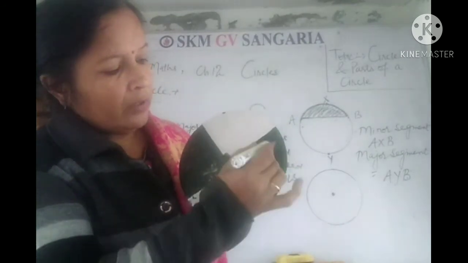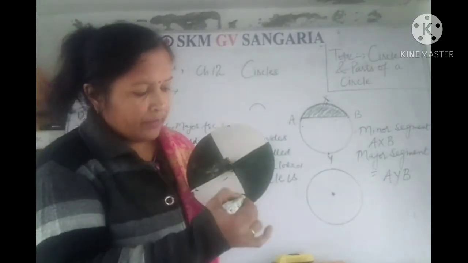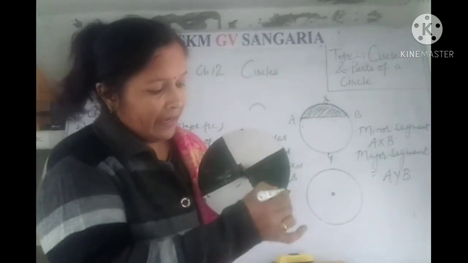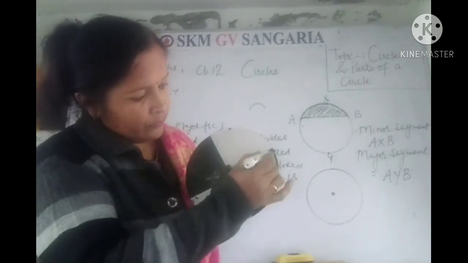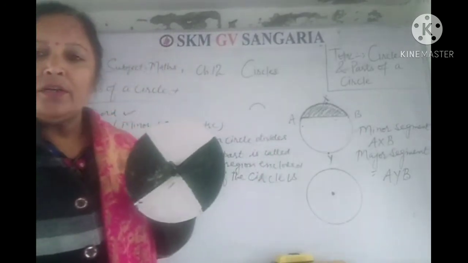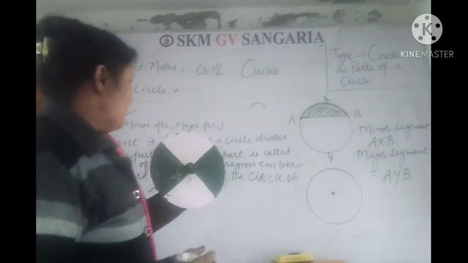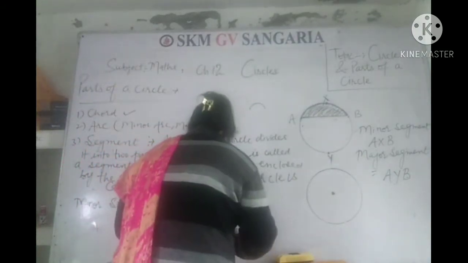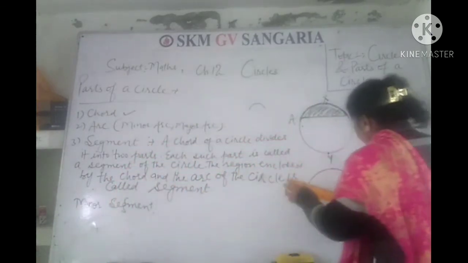This is called the area enclosed by two of the radii and an arc, this much from this to this point. This is called the sector of the circle. So we can draw here the sector of the circle.